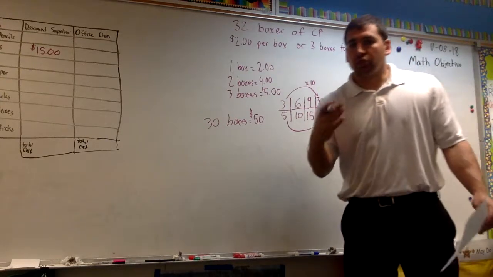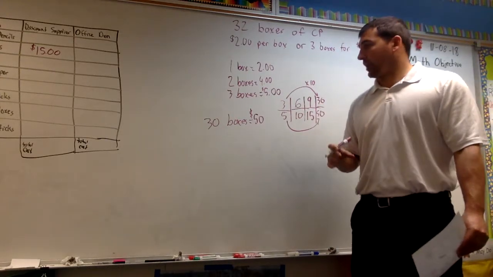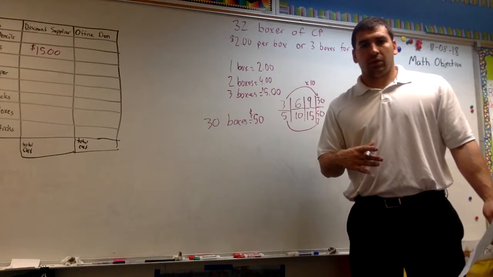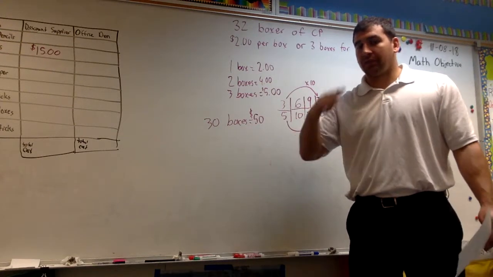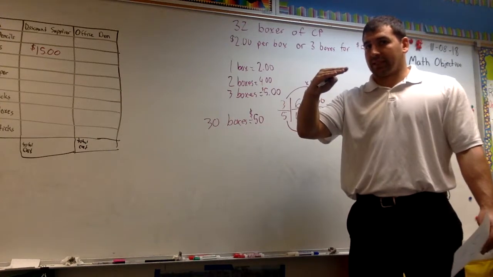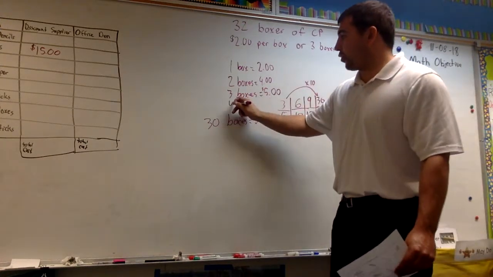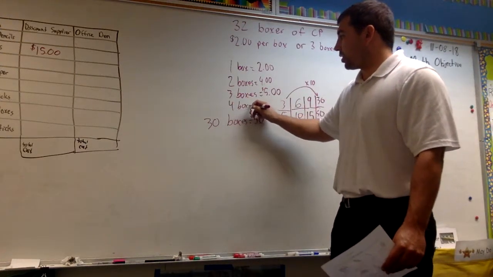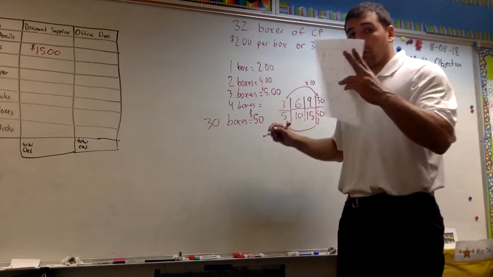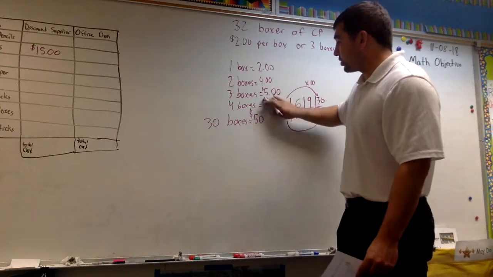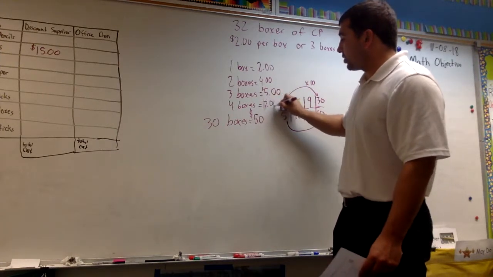Well, think here. Do we get the deal, the bargain, 3 boxes for $5? No, because we're only buying 2. That bargain is cut off. Every time you get 3, it resets. So if I kept this going, 4 boxes would cost, the 3 cost you $5, but now this 4th one goes back to costing $2. So now we're at $7 total.